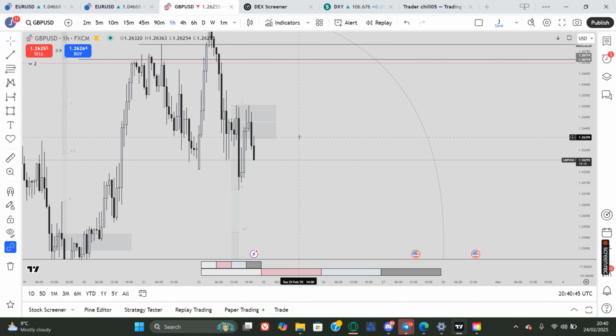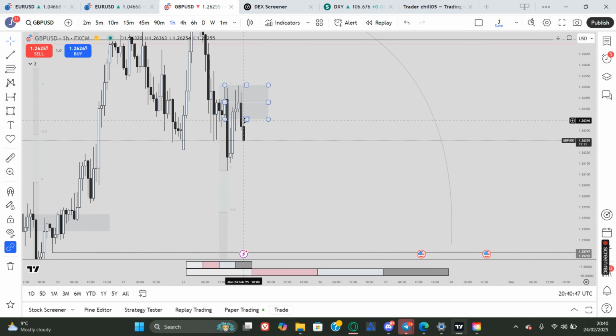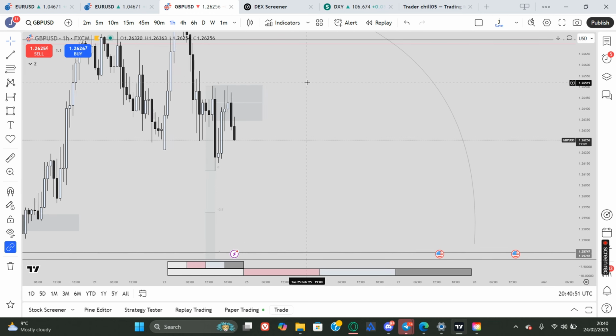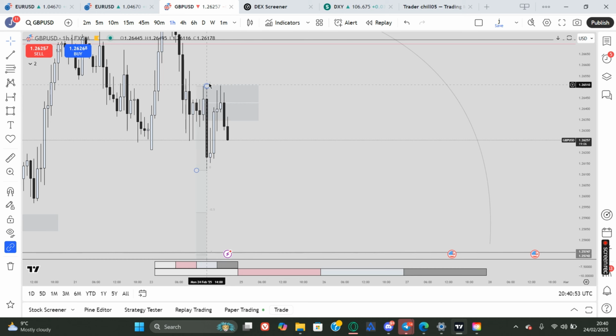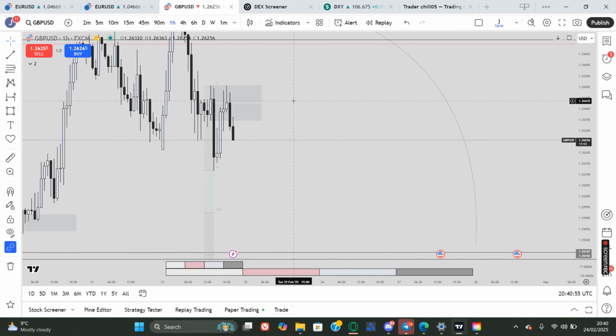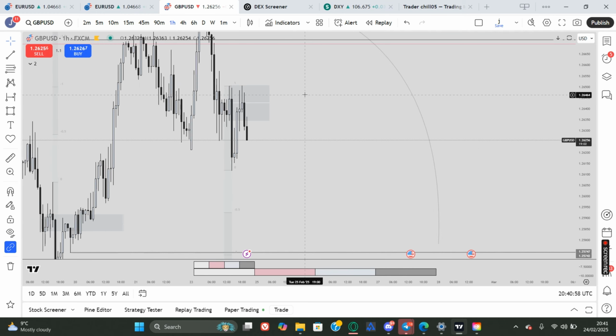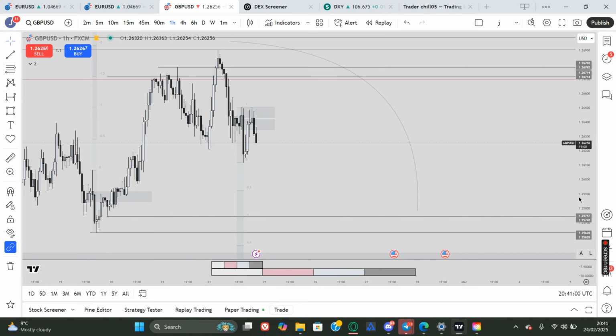I mean, look, you can see how the bodies literally respect the 50% of that hourly breaker. So what I do want to see is tomorrow that we probably hold this breaker.